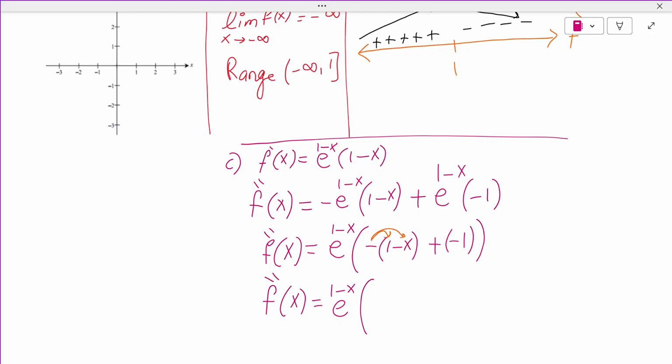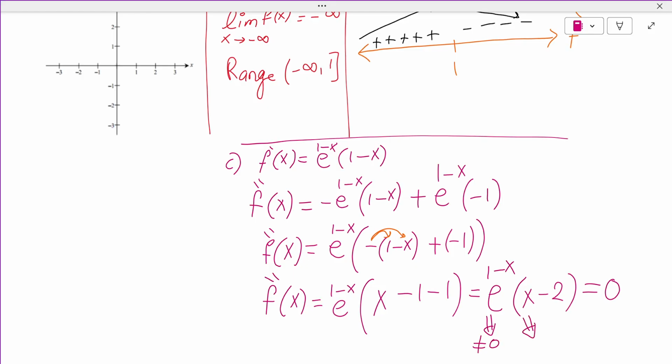So minus minus x is x, and then minus 1 minus 1, which is e to the power of 1 minus x bracket x minus 2. Now when you set it equal to 0, again the exponential is never 0. That means this bracket is 0, so x equals 2. So the point of inflection is at x equals 2.